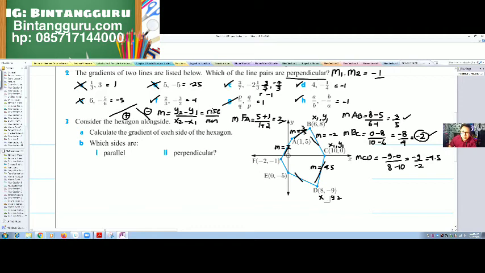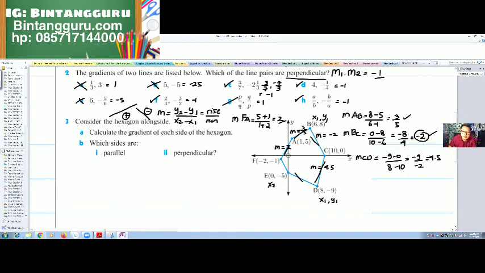Okay, I will delete this. This is x1. It's okay if you put D as x1 y1 or E as x1 y1. It doesn't matter. If you put either D or E as x1 y1, the answer will be the same.